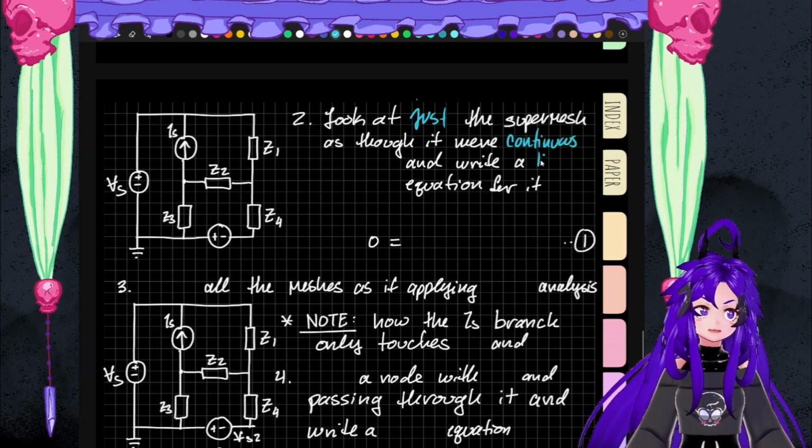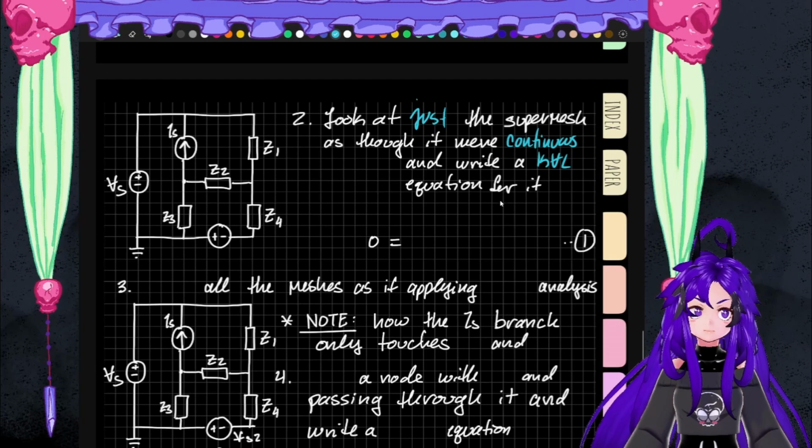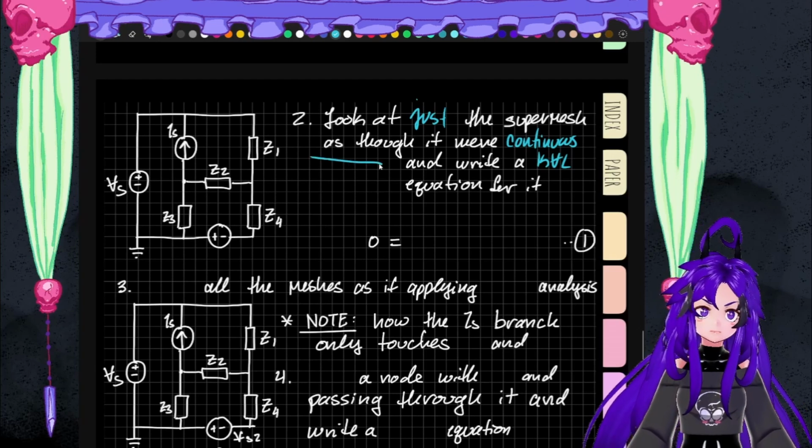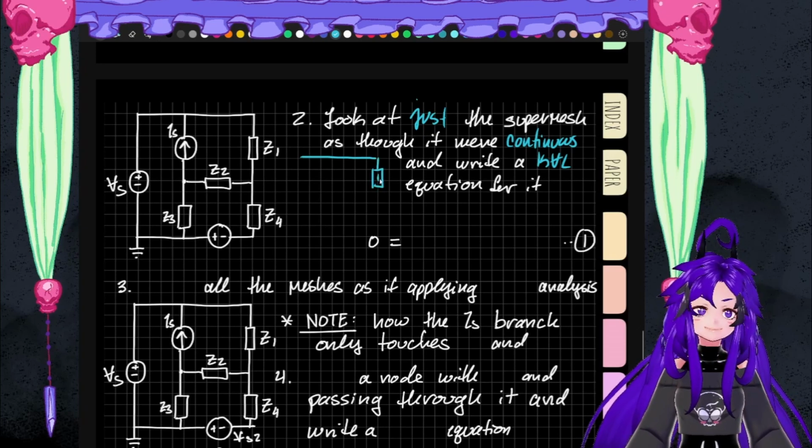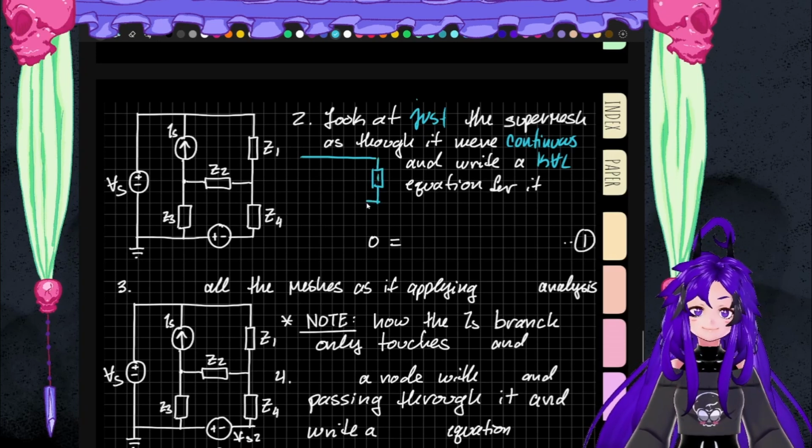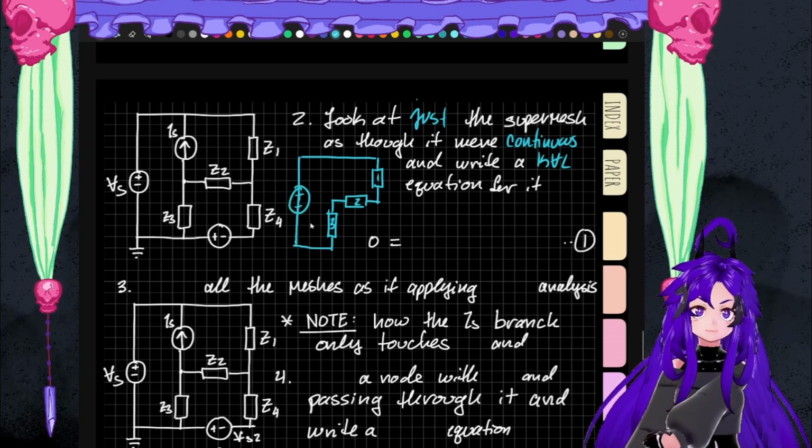Then we're going to write a KVL equation for it. Just like before, we've got resistor 1, resistor 2, resistor 3, and I forgot to draw the source there.